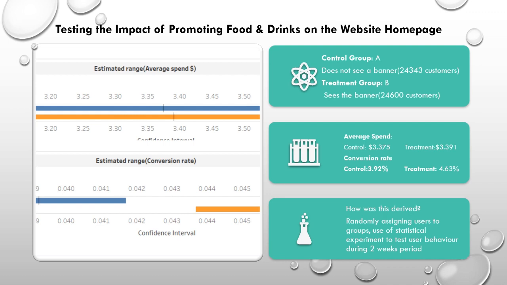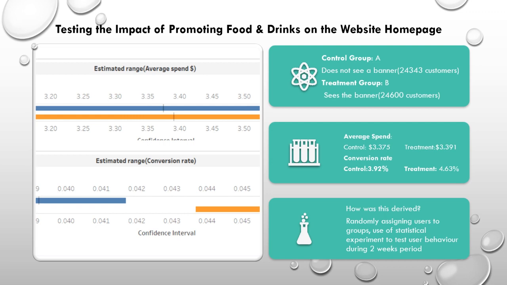After the test was carried out using statistical techniques, we found out that the average amount spent by customers who did not see the banner was $3.37, and the customers who saw the banner spent on the average $3.39.